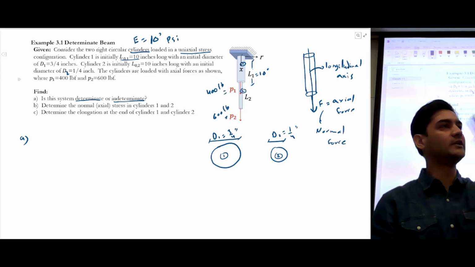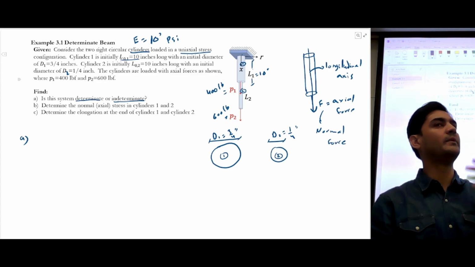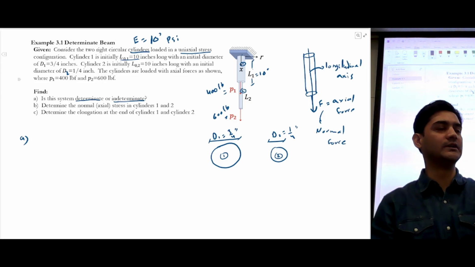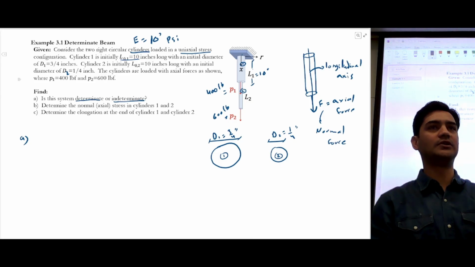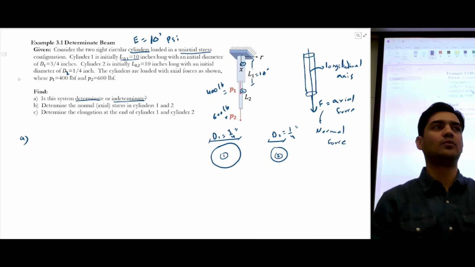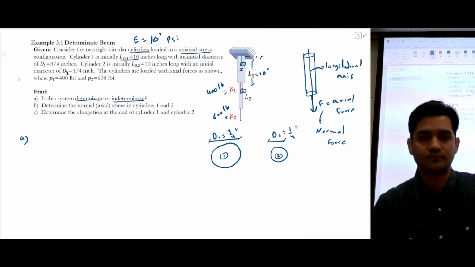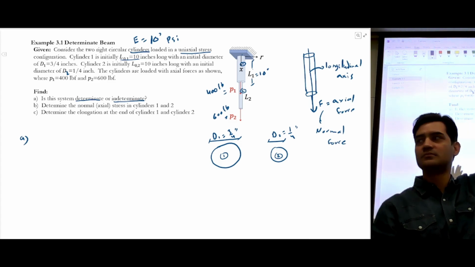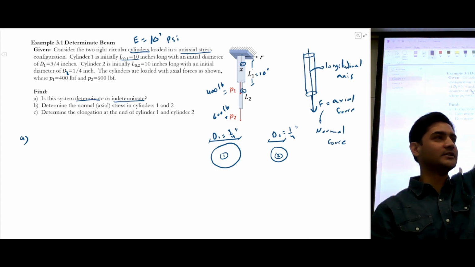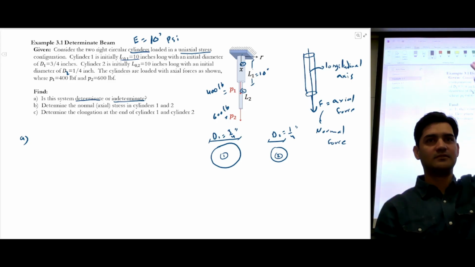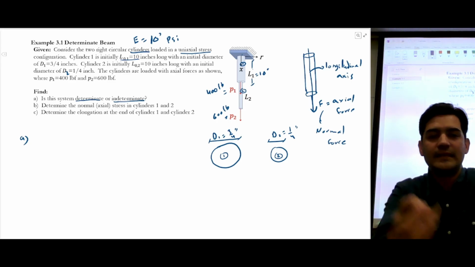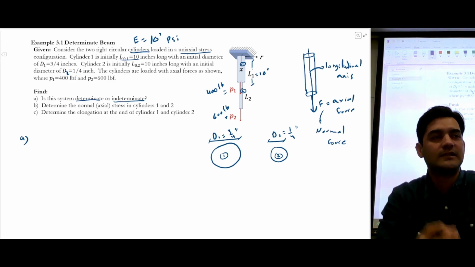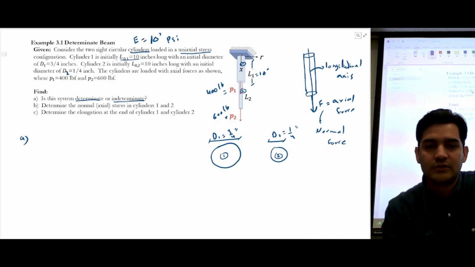If we can calculate all the reaction loads, then we will be confident that this is a determinate system. But if we cannot calculate the reaction loads, then the system is indeterminate. How many of you think it's a determinate system? How many think it's indeterminate? Okay, let's try to solve this. If we can solve it, then it's a determinate system. So let's draw a free body diagram.